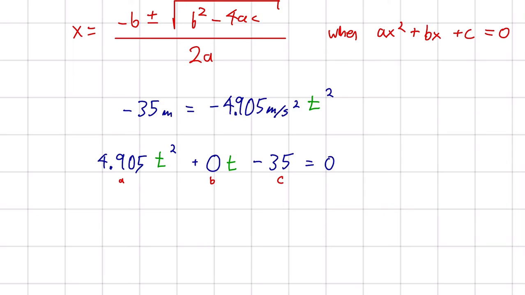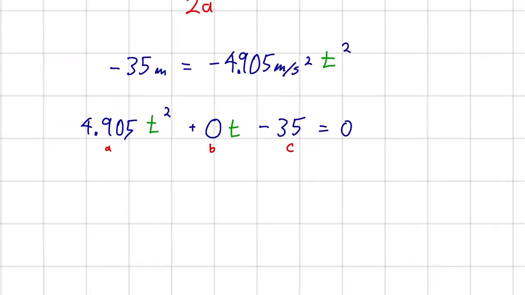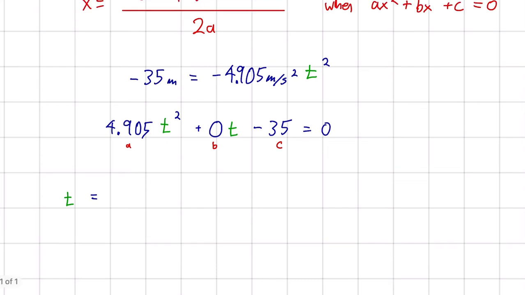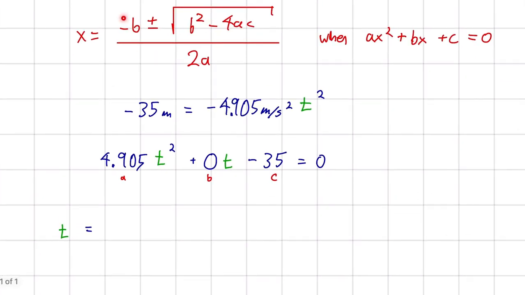So I'm going to just move along and start plugging in the values to the quadratic formula here. So t, here's our quadratic formula, is equal to, and I'm just going to start plugging in these values. So negative b, well, b is 0, so 0. I'm going to write that 0 anyway. 0 plus or minus the square root.